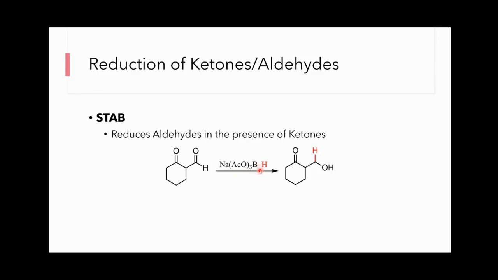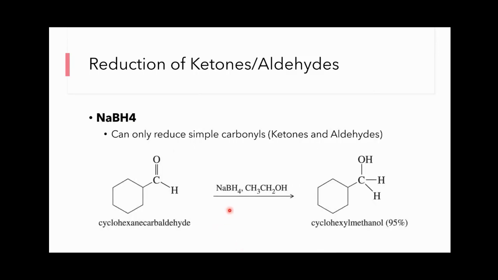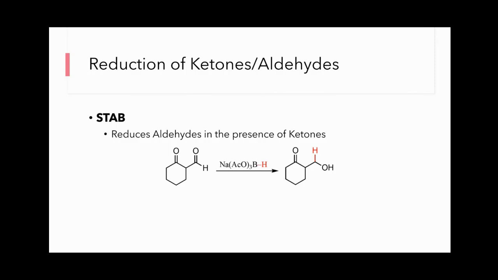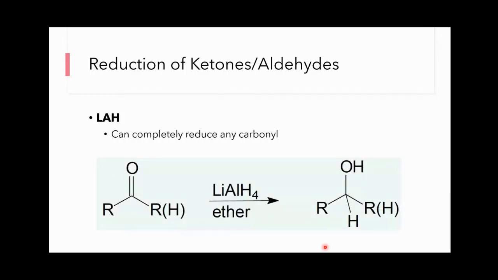However, if I want to reduce both carbonyls, then I could use NaBH4. And then with LAH, this is a strong reducer. It will reduce any carbonyl into an alcohol.